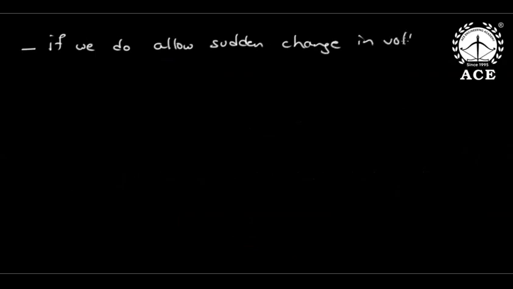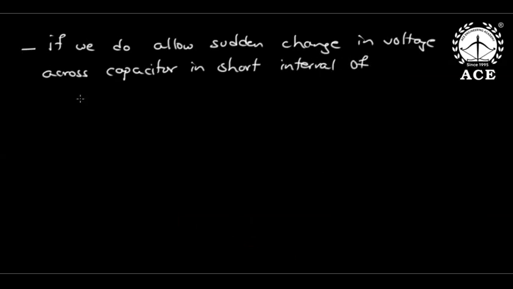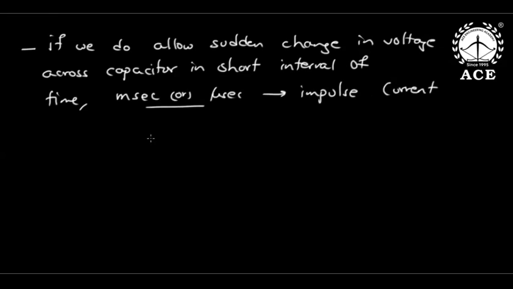Now, what is the practical statement? If we do allow a sudden change in voltage across a capacitor in a short interval of time, like milliseconds or microseconds, then it will drive impulse current. The same thing, I is C dV by dt.